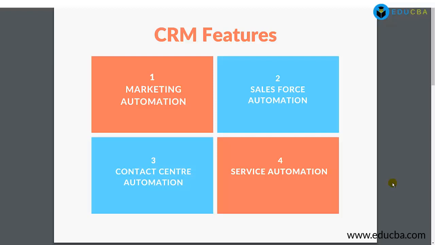Whatever projects, tasks, or support cases we create, this whole process of dealing with people internally or externally can be automated. So that is another feature of CRM that there should be.